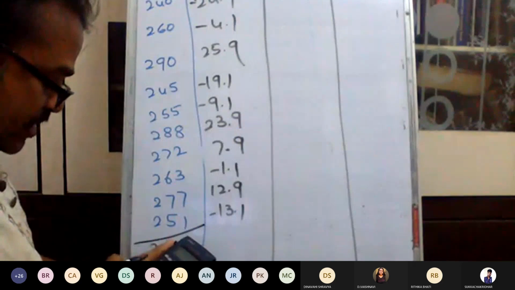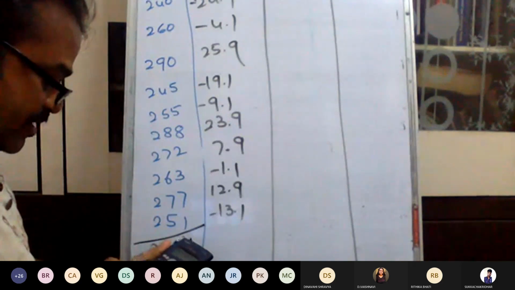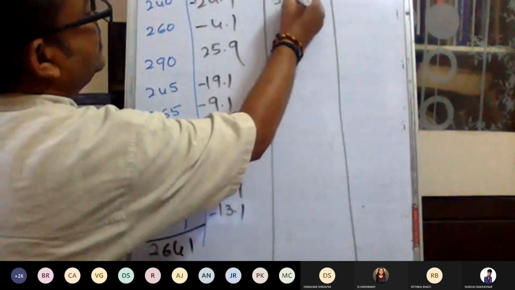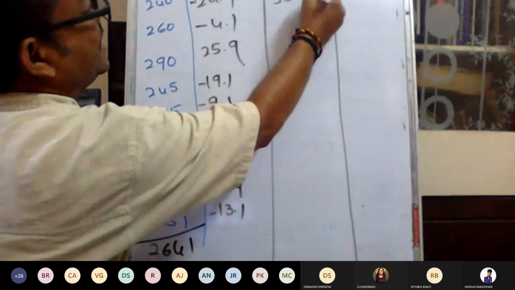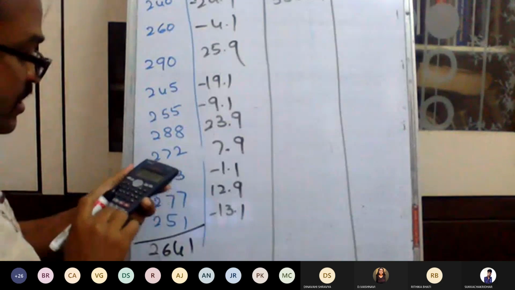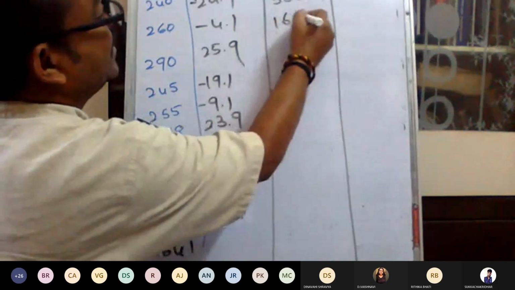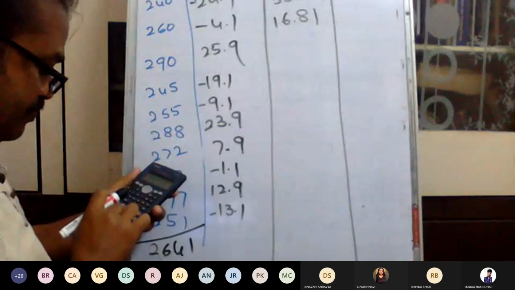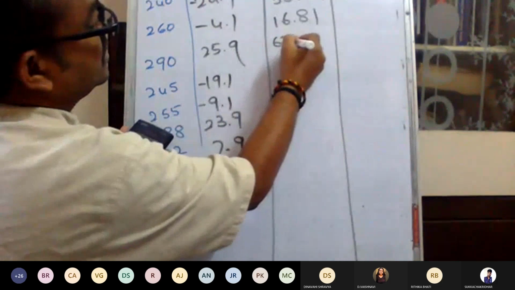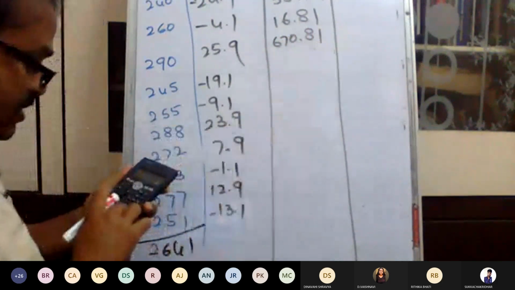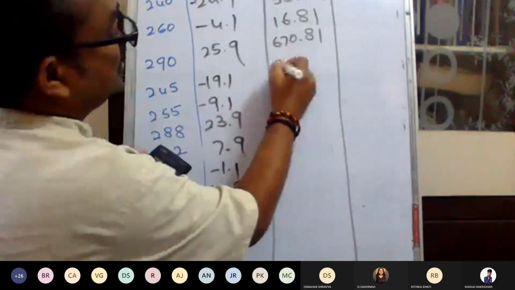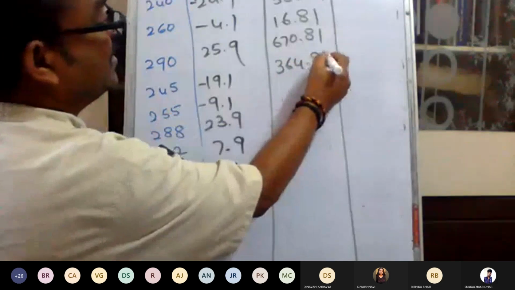24.1 into 24.1 is equal to 580.81. Next, 4.1 into 4.1 equal to 16.81. 25.9 into 25.9 equal to 670.81. 19.1 into 19.1 equal to 364.81.